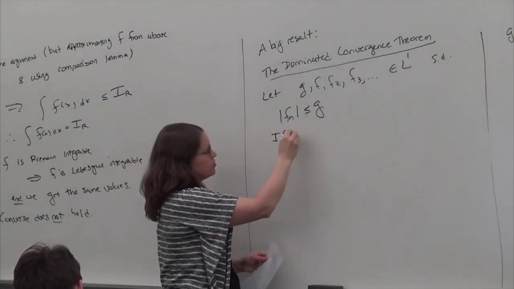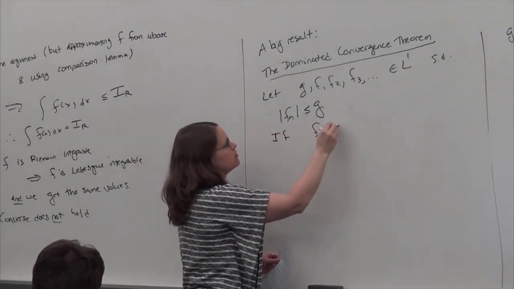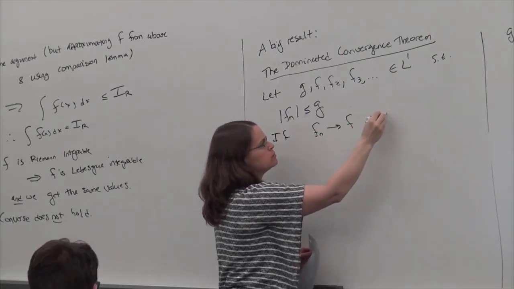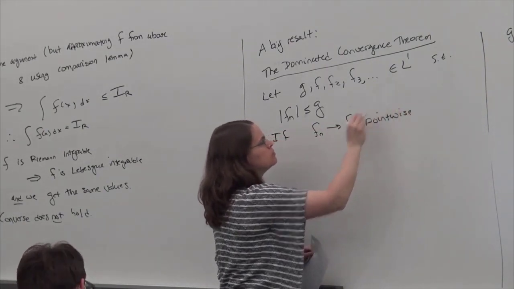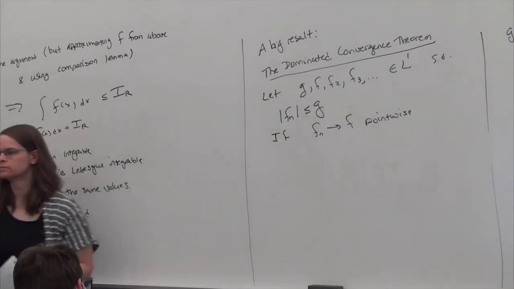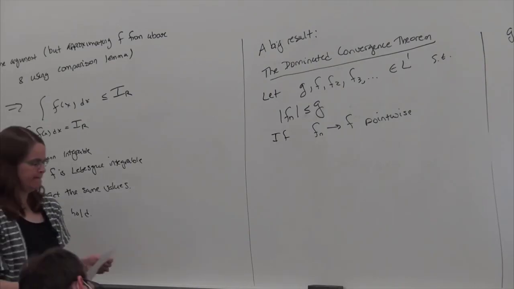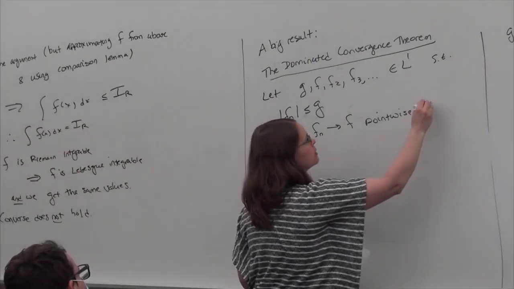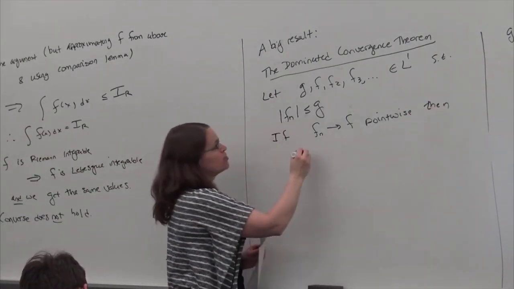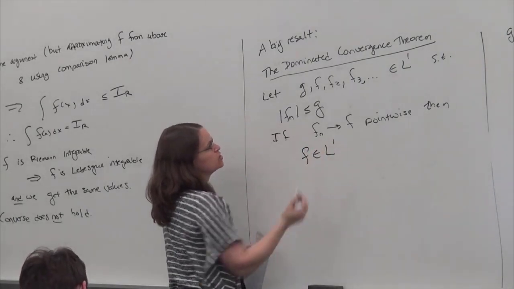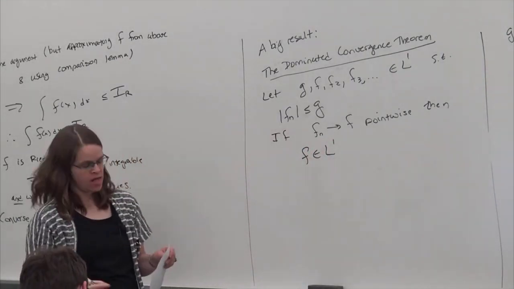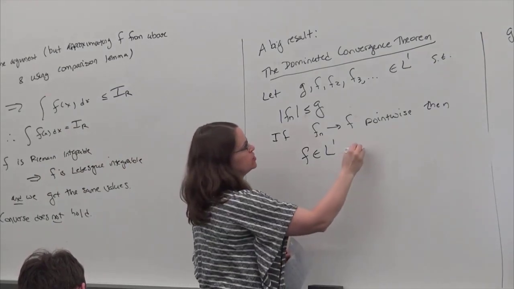Okay, and the result is that if the sequence of functions converges pointwise, okay, so we're not talking about uniform convergence. We can have weird things happen. Then this is enough to tell us that actually the limiting function is also integrable and the values of the integrals converge.